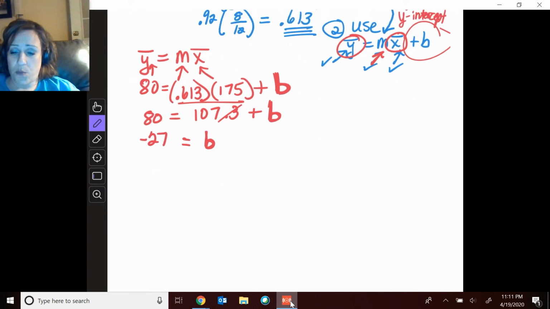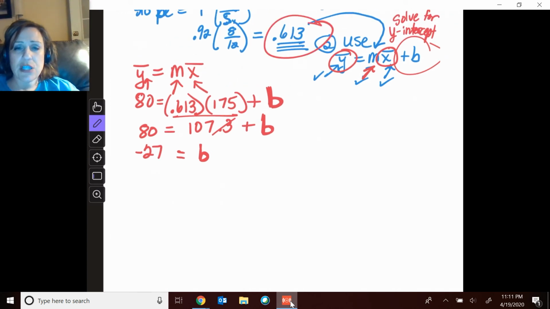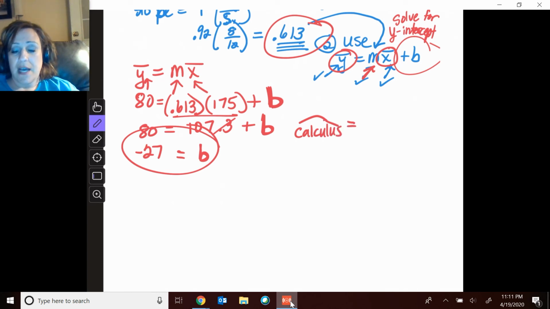All right, in summary, I have a slope and a y-intercept, so I can now write out my prediction equation. My prediction equation is this: I am predicting the calculus score, and I've got my slope times the physics score plus the y-intercept, which is minus 27.